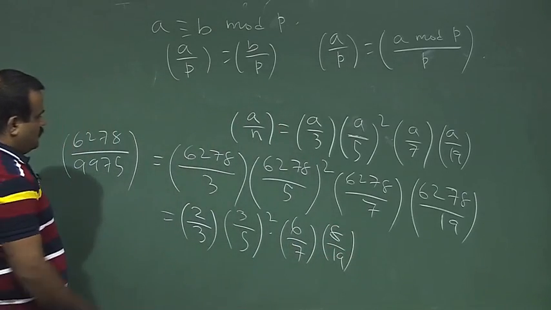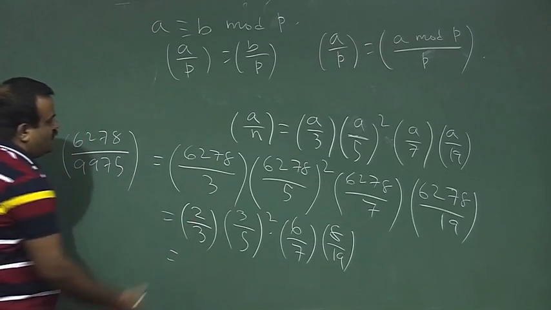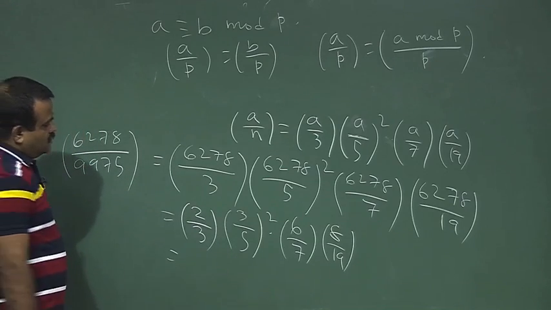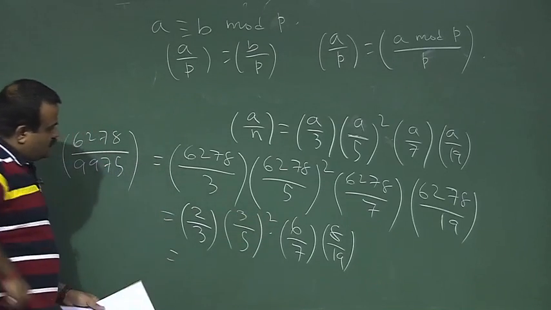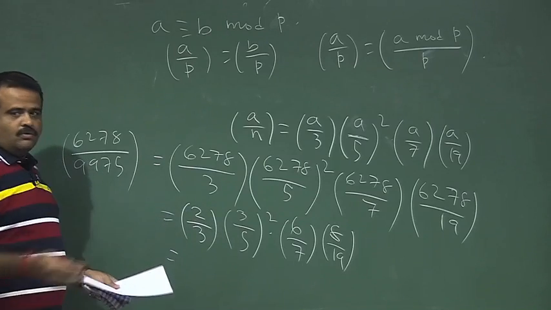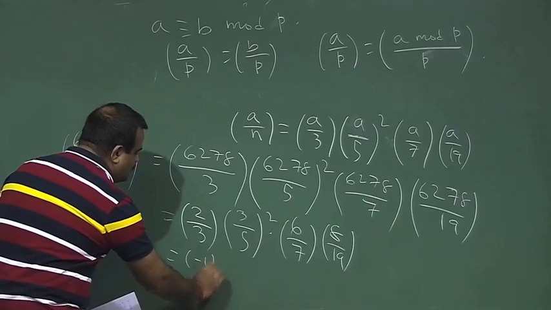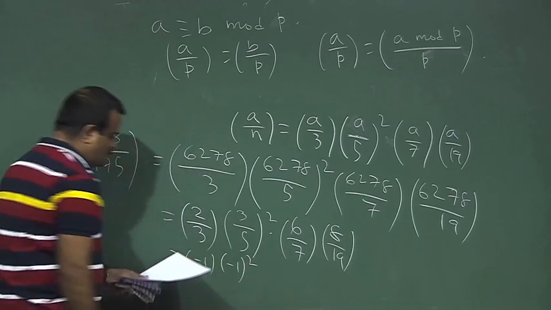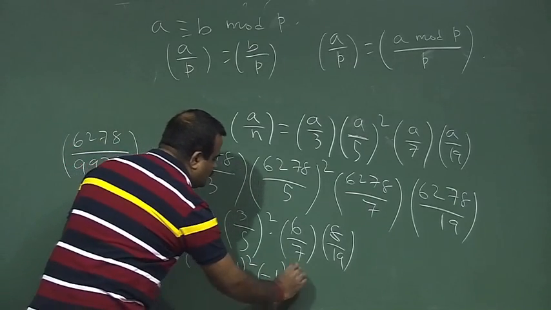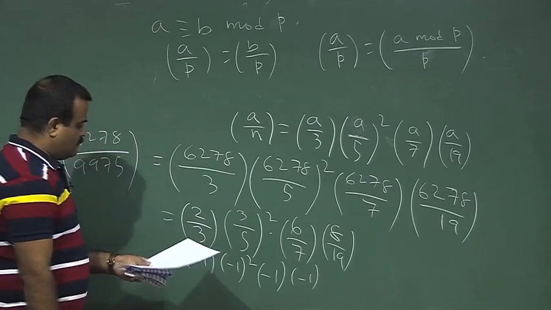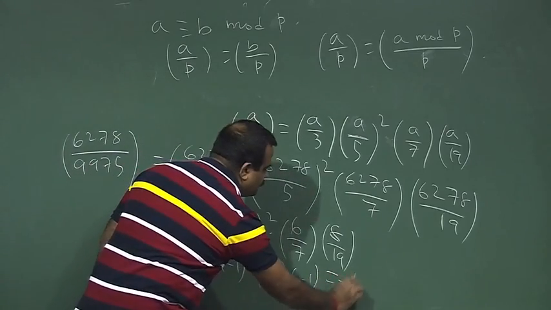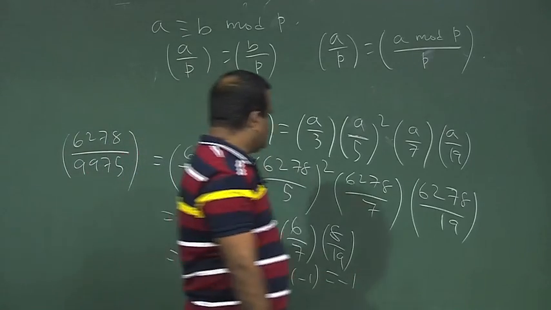Now for 2 by 3 we know the formula. We can check whether they are quadratic residues, or apply the properties of the Jacobi symbol, and we can easily check. This is -1, this is also -1 square, this is -1, this is -1, and this value comes out to be -1.